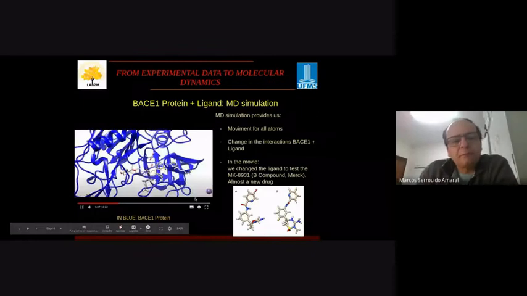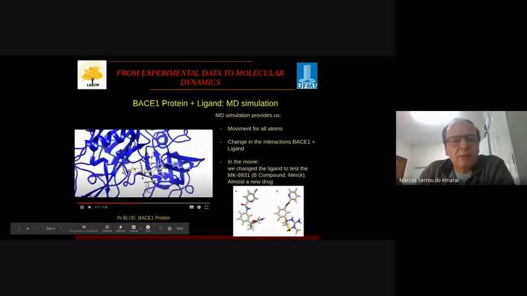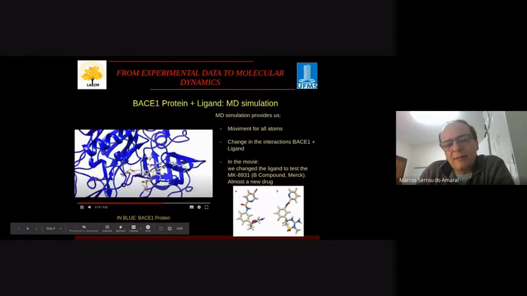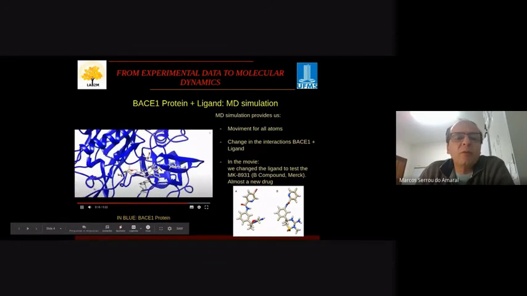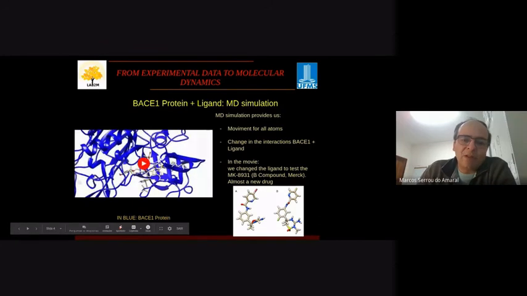In blue is the BACE1 protein, and here in the middle is a point that is very important to understand how powerful molecular dynamics can be. In this movie, I'm not showing the ligand from the previous slide.